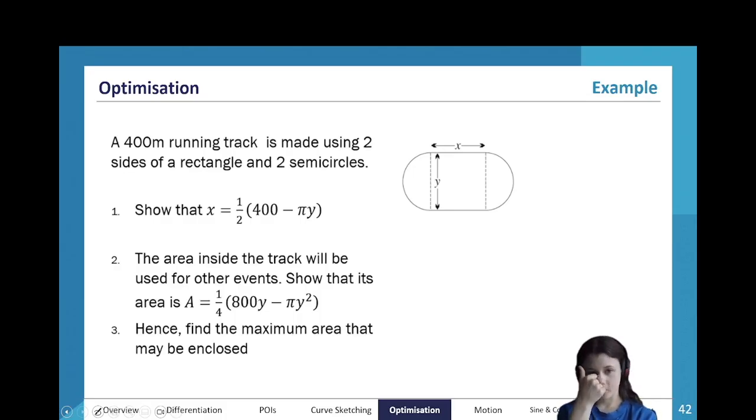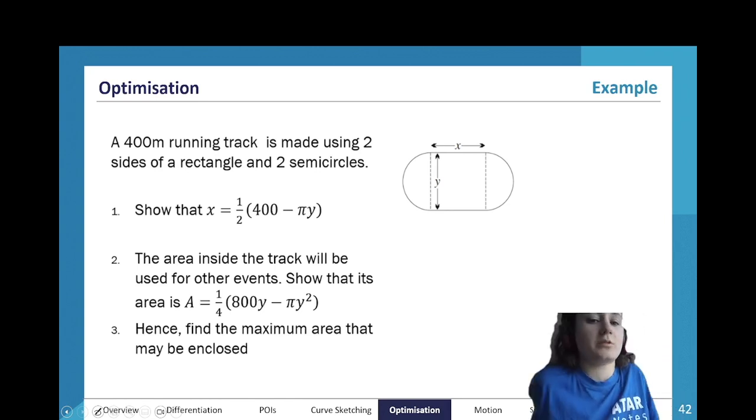Let's move on. So this question that we have here is more of a complex one. And even still, a lot of the optimization questions that you'll get in Year 12 will be ones where you're not given a function at all to begin with.